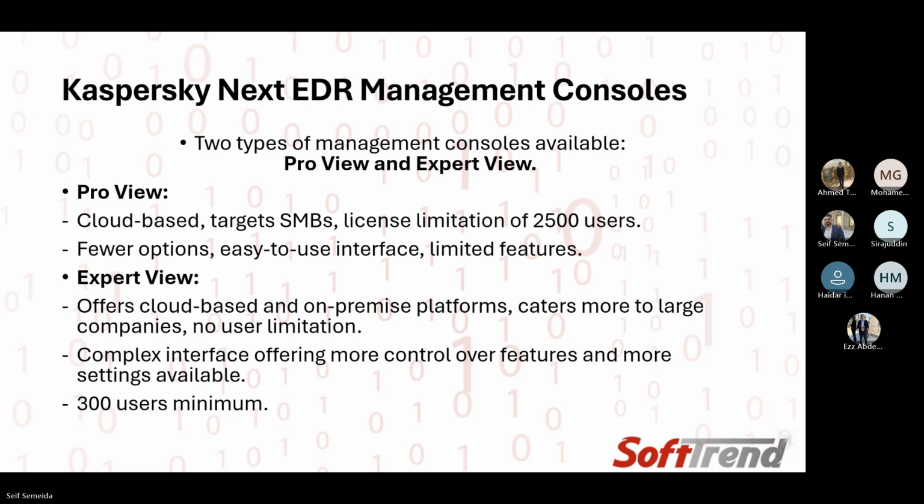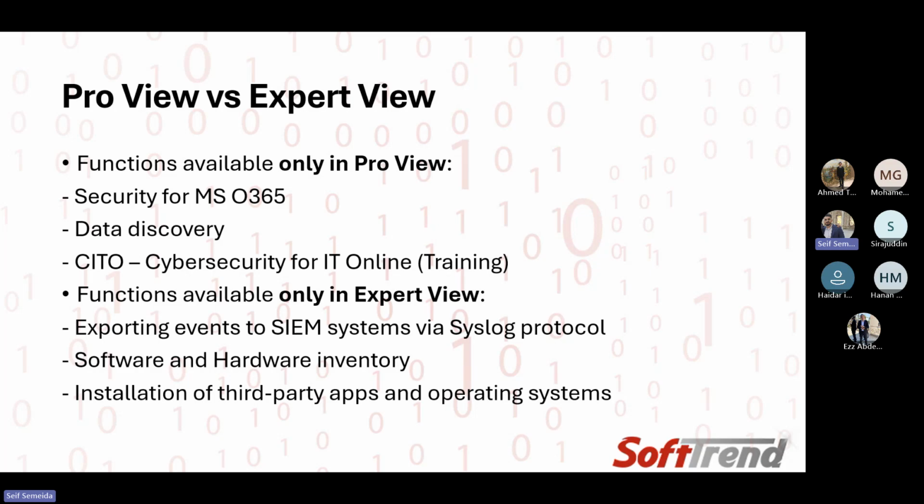So what are the differences between the Pro View and the Expert View? There are some functions available only in the Pro View, such as the configuration of security for Microsoft Office 365, data discovery, and the cybersecurity training for the IT team that we discussed, which can only be provided through the Pro View workspace.